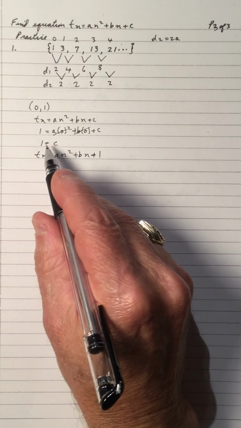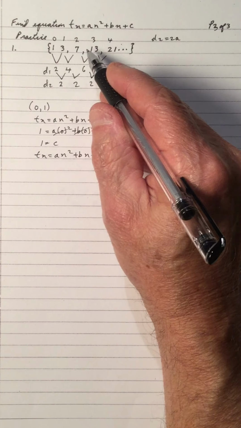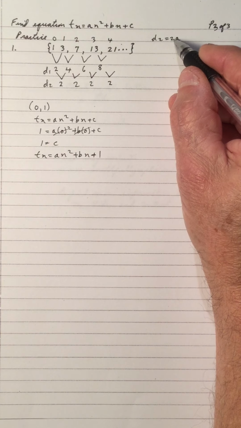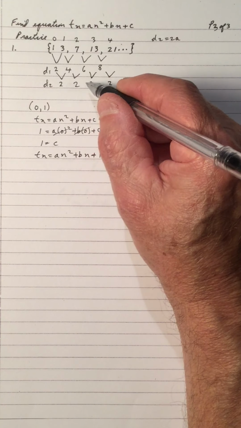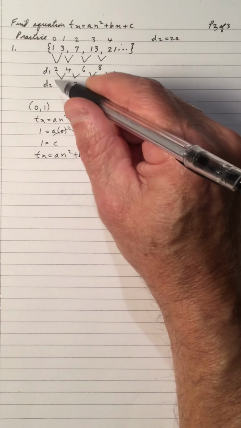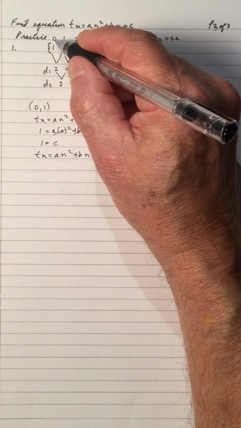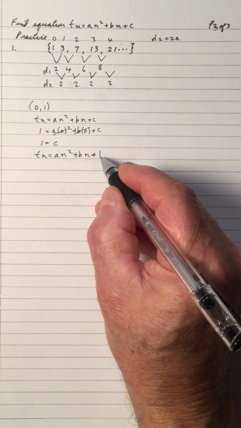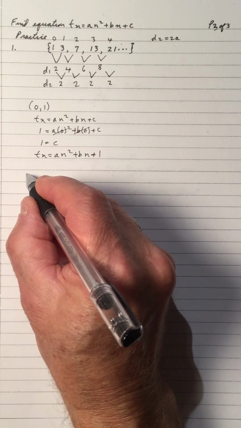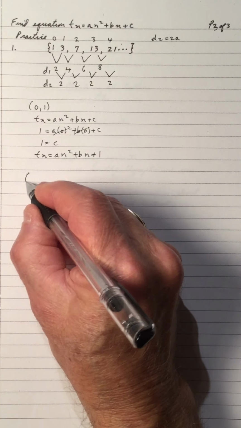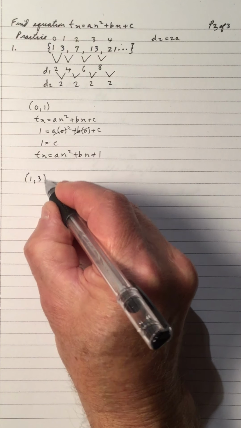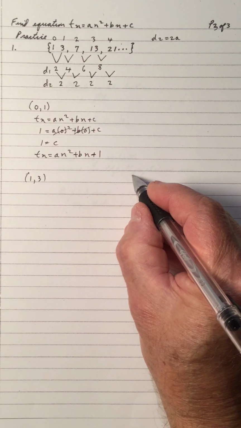Because you found the c by this method, remember you forgot that d2 is 2a, you worked it down, but you worked backwards on this and got a 0, 1, and now you've got c is 1. Now we can plug in a 1, 3, and we can plug in a 2, 7.